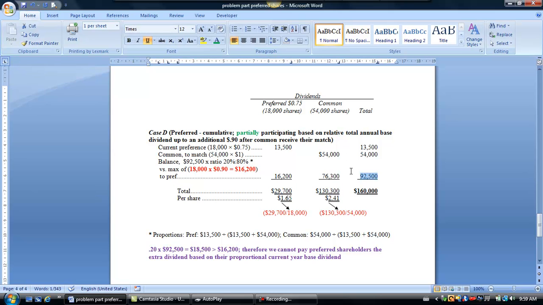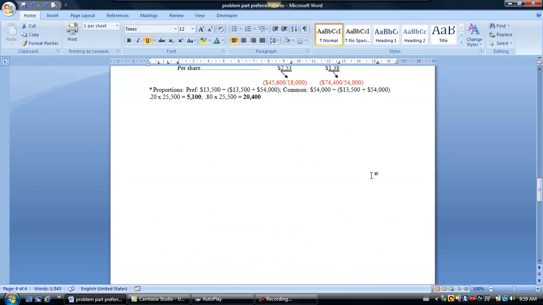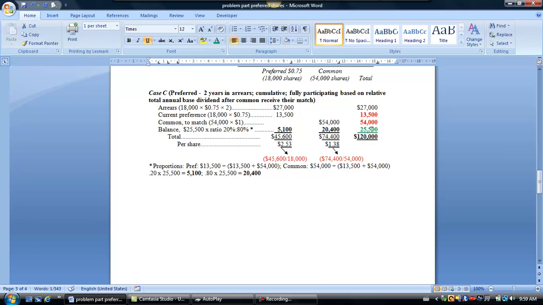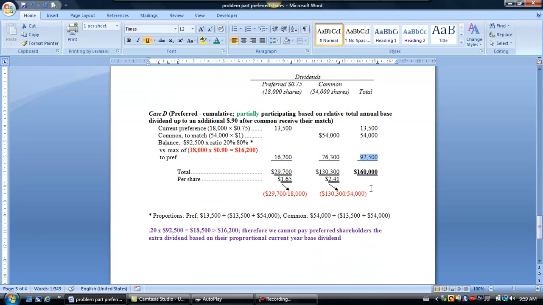Now don't forget, none of this gets allocated until the common get their match, and the common didn't get their match until the preferred shareholders got their piece. So this was a plug. Just like up here in case C, we plugged this too, right? We're plugging it so that we shore it up to 160,000, because that's the amount of the dividend that was declared.